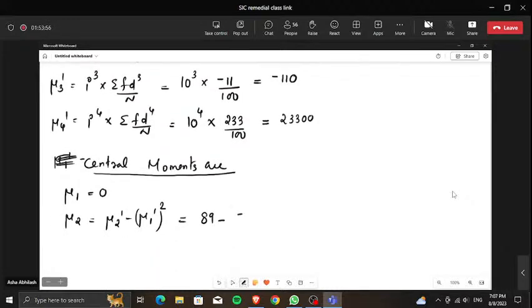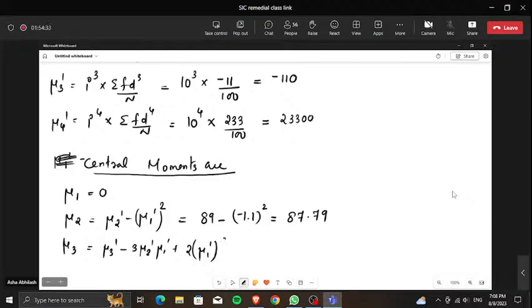So minus 1.1 whole square. What is this value? 87.79. Okay.